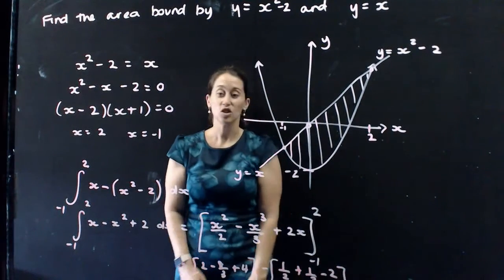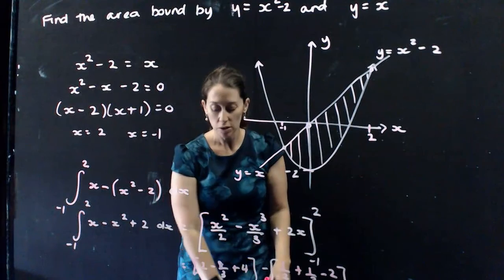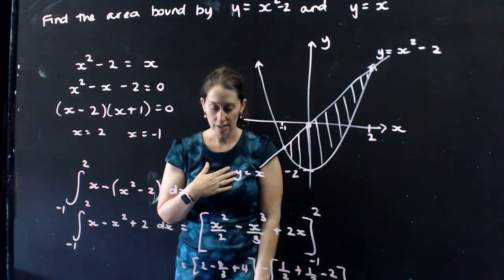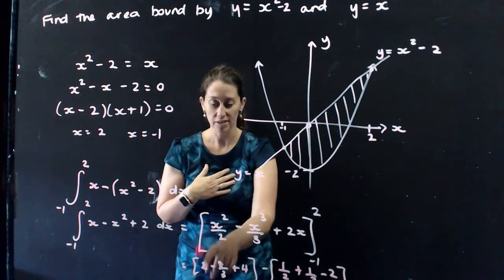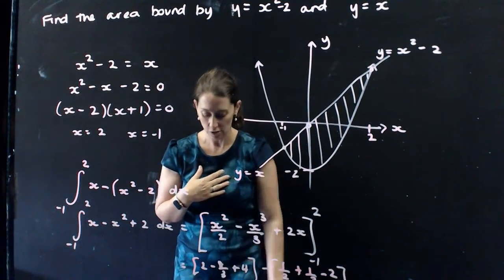Okay, now I'm getting to the bottom of my board, so I've got to work everything out. Hopefully when I work this out, I get the correct answer of 4.5.